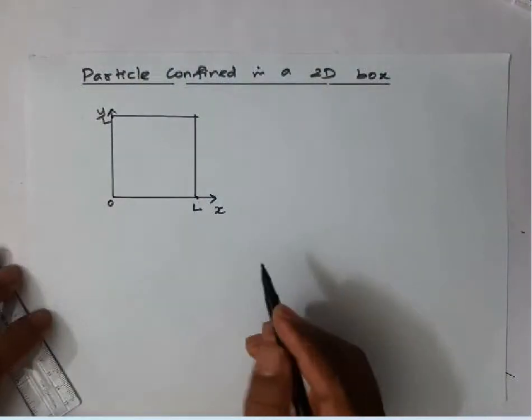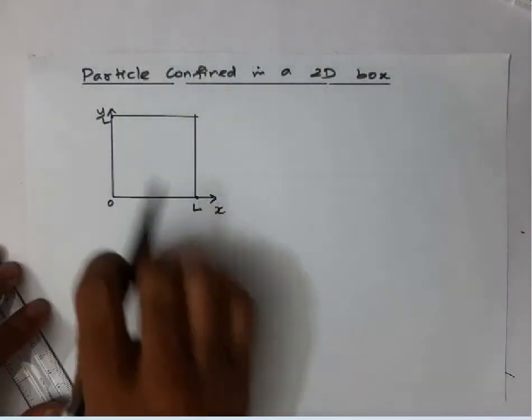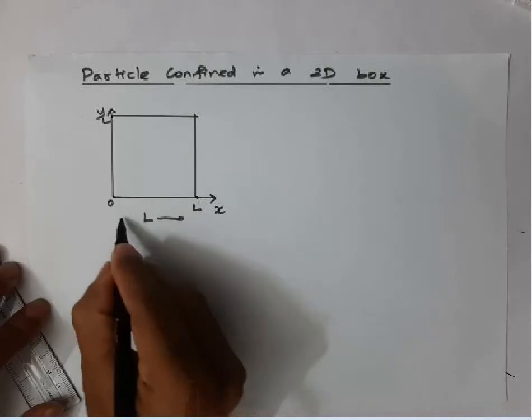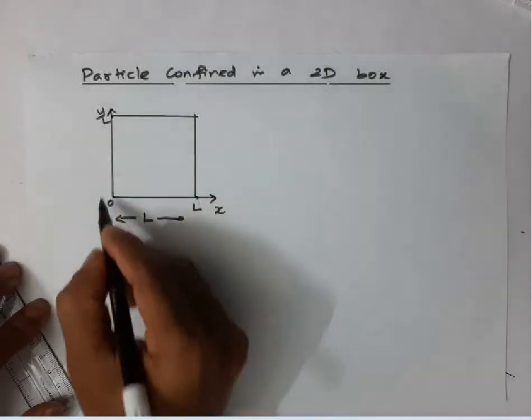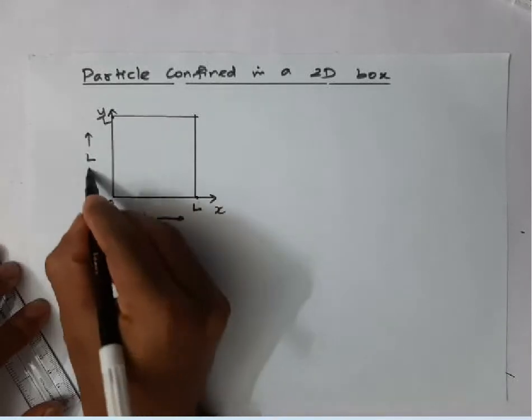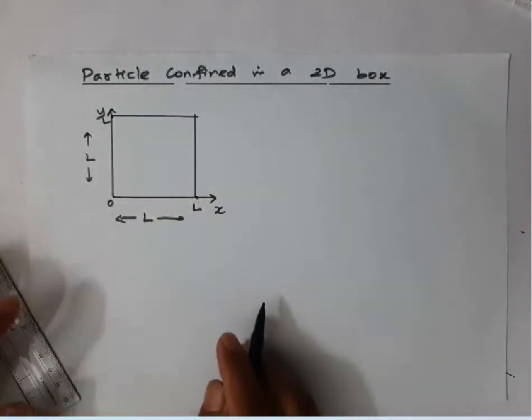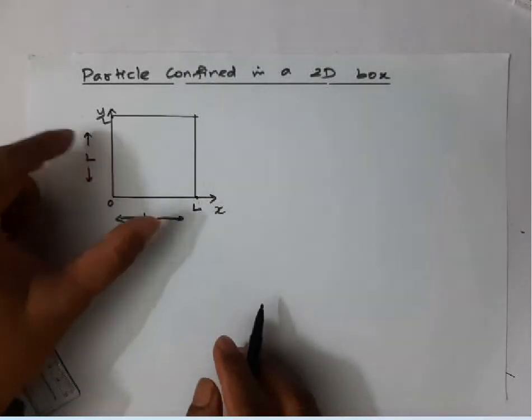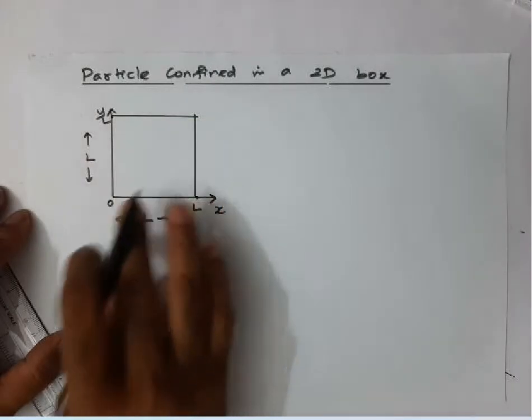So let us assume the particle is confined to length L along the x-axis. Similarly, the particle is confined along the y-axis also with the same length L. So if the confinements on the x-axis and y-axis are equal, you will get a square box.